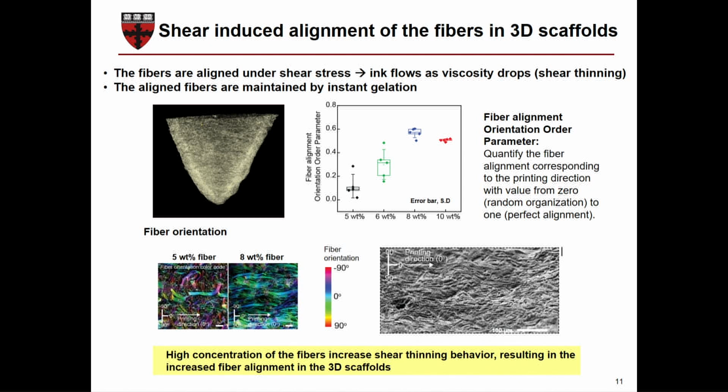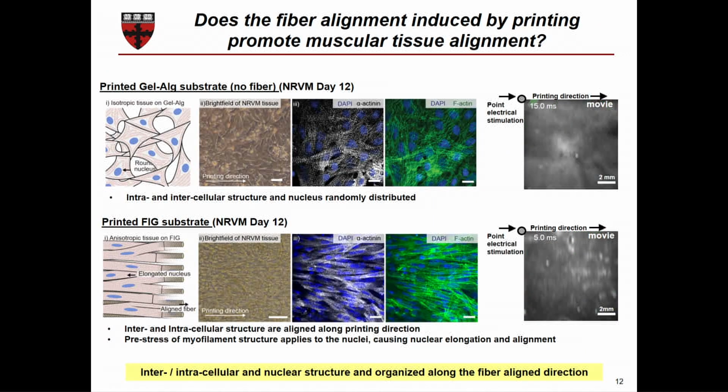And then we wonder, if we culture cells on top of this structure, how do the cells behave on top of this scaffold? To check the effect of the fiber, we cultured the cells on top of the gelatin alginate substrate without fiber, and then we used the FIG ink to print the 2D structure.